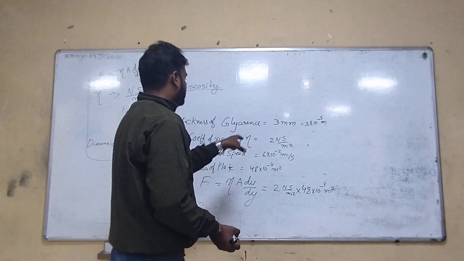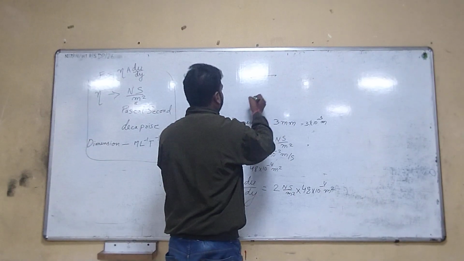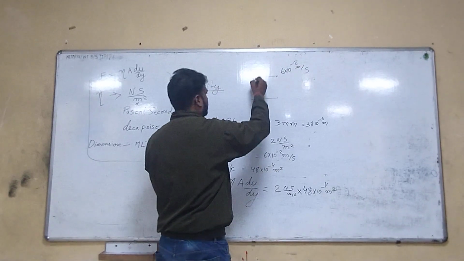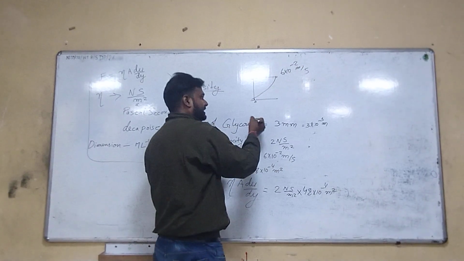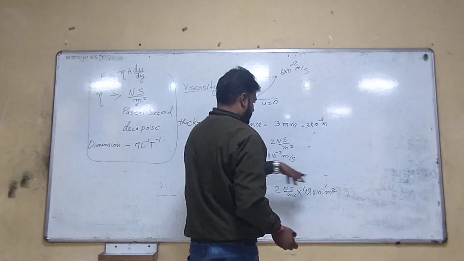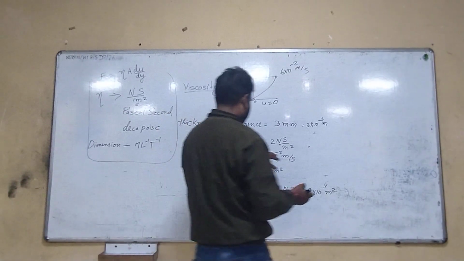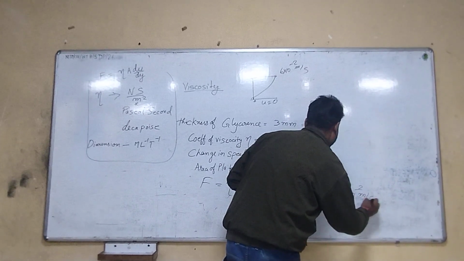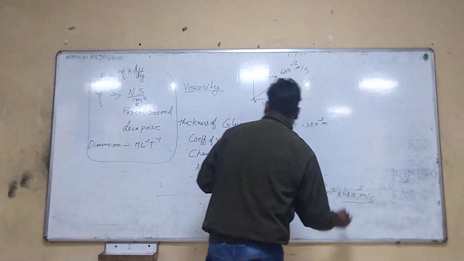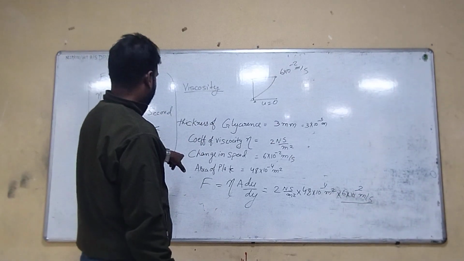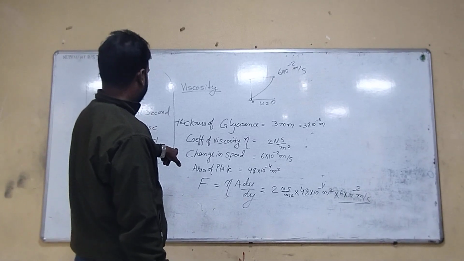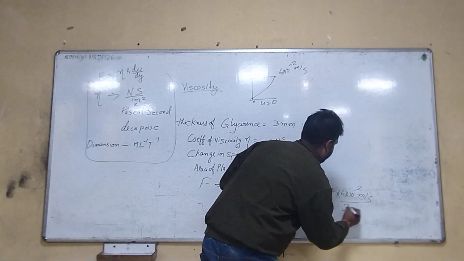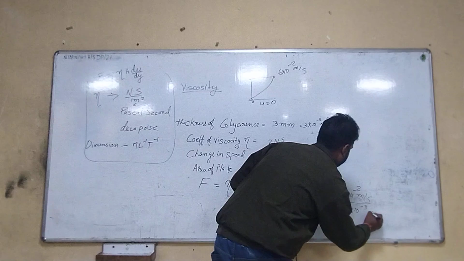Here du is not given, but the top layer has a velocity of 6 into 10 to the power minus 2 meter per second, and the bottom layer velocity is 0, so du is 6 into 10 to the power minus 2 meter per second, and the change in depth dy is the thickness of the glycerine, 3 into 10 to the power minus 3 meter.